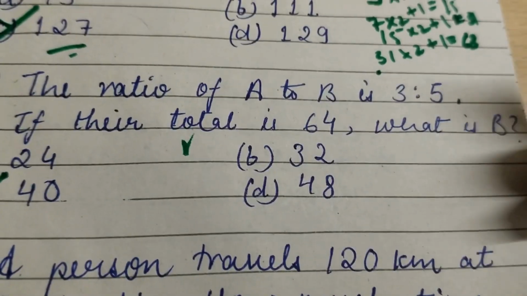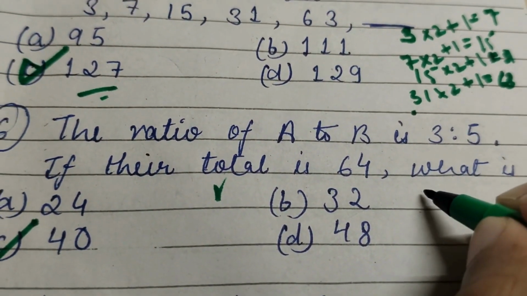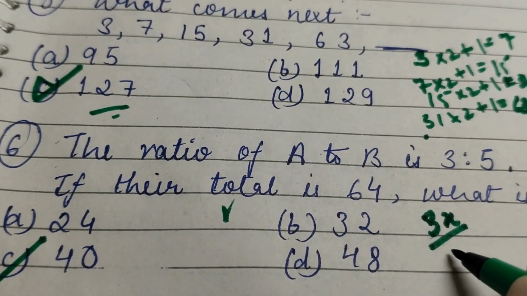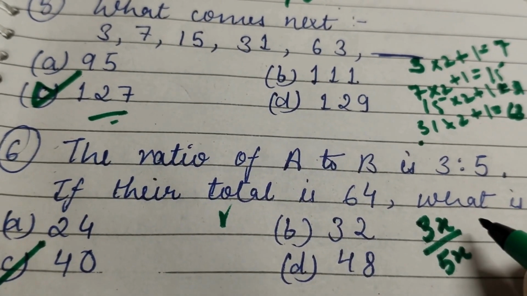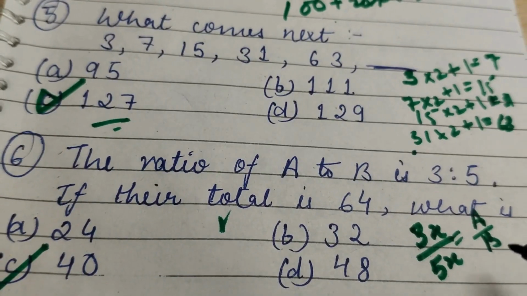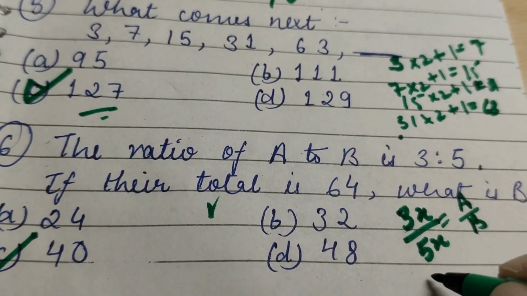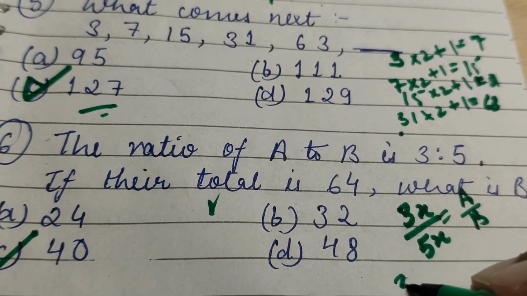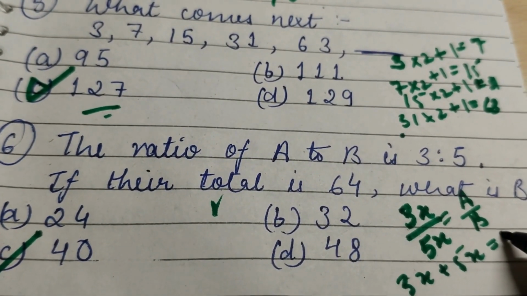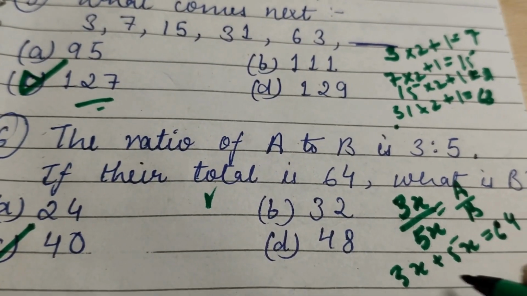So, what we can do is, we can say A to B is 3x by 5x, and we can say that their total, 3x plus 5x, is equal to 64.